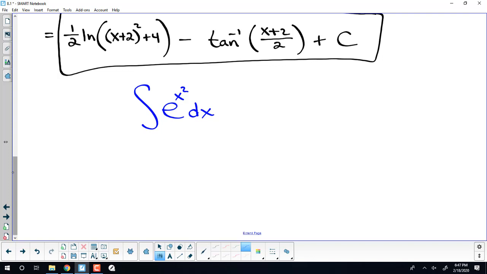But I think it's worth mentioning at this point, the next third of Calc 2 is we look at sequences and series. And sequences and series allow us to represent certain types of functions by infinite polynomials. So if you had to integrate something like this, you say, well, the function doesn't have an antiderivative.